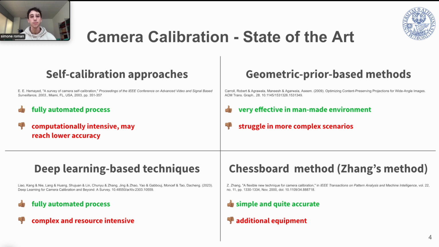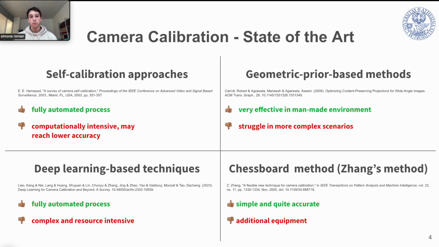The second is geometric-based method that is very effective in man-made environment, but struggle in more general cases. The third is a deep learning-based technique that use deep models to find camera parameters. This approach is fully automatic, but is complex and needs resources.